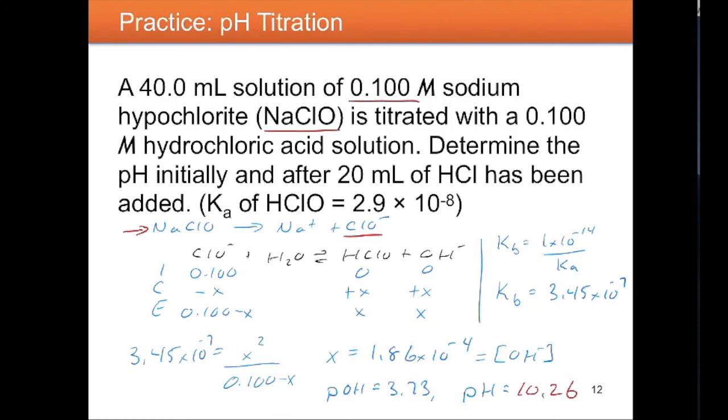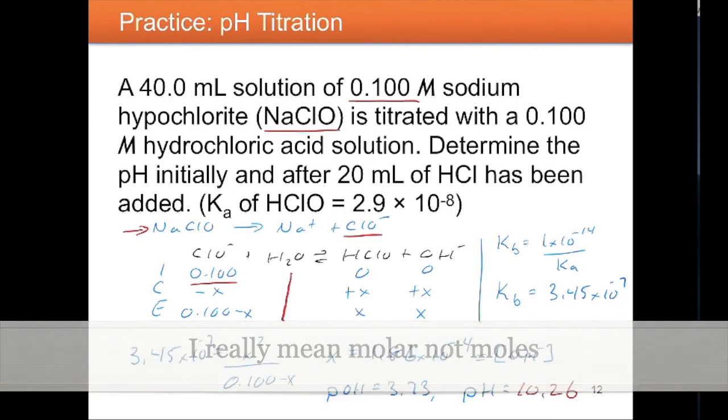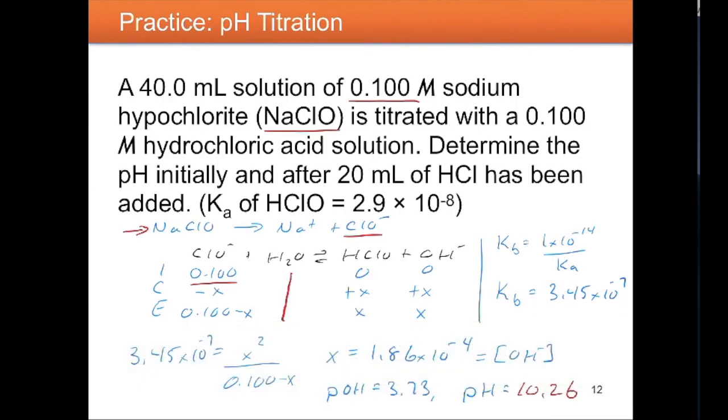Since that ionizes completely to produce 0.1 moles of Na plus and 0.1 moles of ClO minus, we know we can start with 0.1 moles of ClO minus. Again, H2O doesn't matter because it's just a pure liquid. And we're going to lose some ClO minus, we're going to gain some product. And at equilibrium, 0.1 minus x for ClO minus and x for both HClO and OH minus.